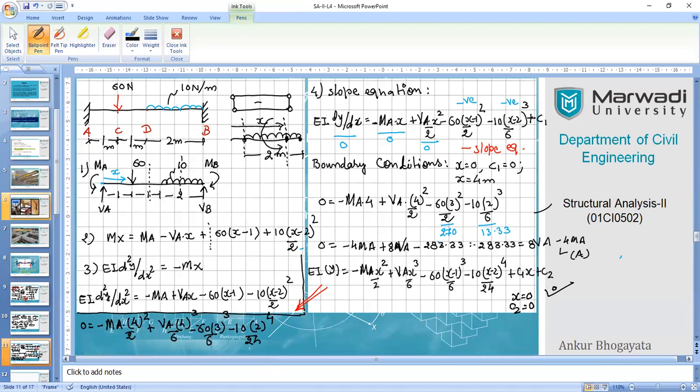Now we need to simplify this further to get a similar equation, so that we are ultimately going to solve them numerically with the parallel equation method.